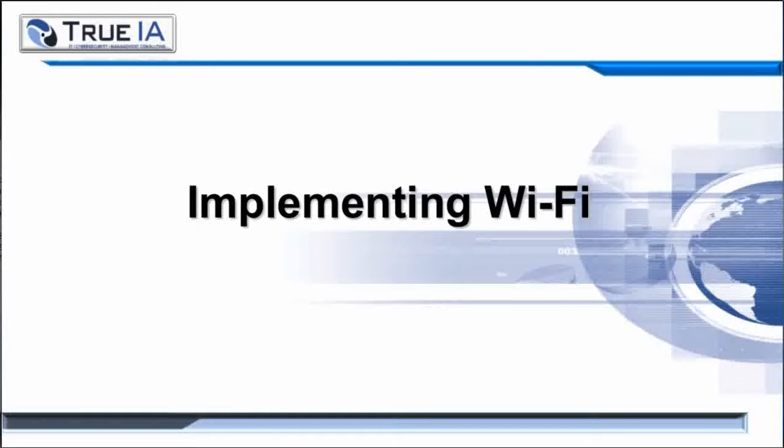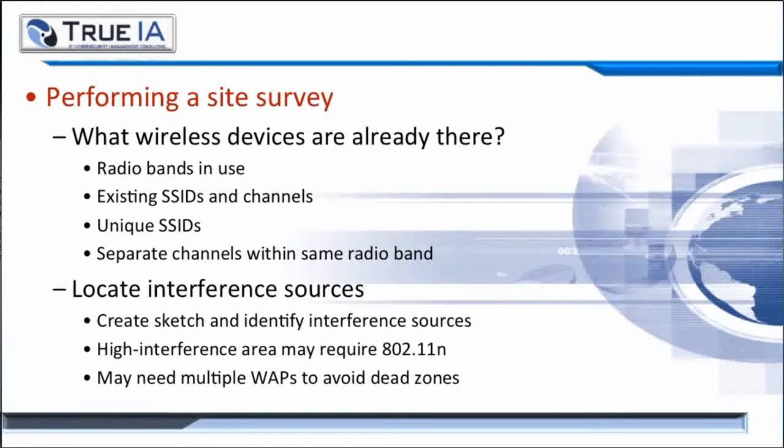Next, let's take a look at how we will implement Wi-Fi. First, and probably most important, is to perform a site survey. This is where you will start asking the beginning questions before you even install or unbox a wireless access point. You'll need to understand, for instance, what other wireless devices may already be in the space. What radio bands are they using? Are there any existing SSIDs, and what channels are they using?